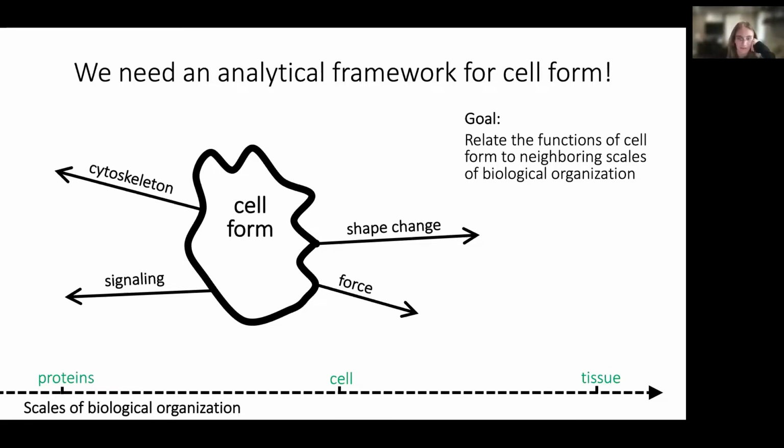We know that cell form is mostly created by the cytoskeleton as well as forces exerted outside of the cell, and that signaling is well known to control the cytoskeleton. We also know that many of the functions of cell form are mediated by shape change and force.